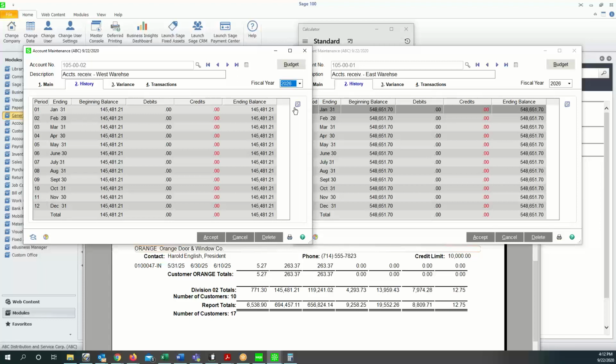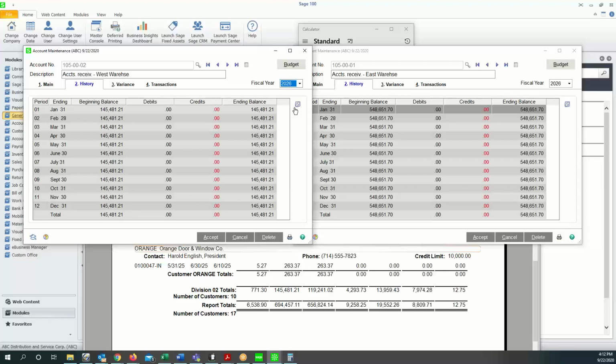So the first thing I want to figure out is what I call my infinity balance. What is my most future general ledger balance that I can look at, so that when I run an aging report out to the future, or infinity, I can make sure those numbers compare.